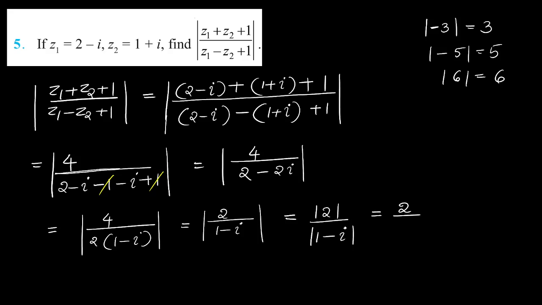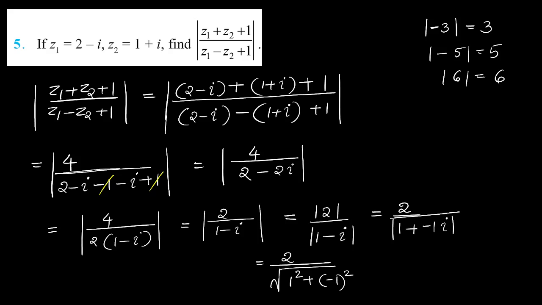And modulus of 1 minus I. Let me write it in the form of a complex number. 1 minus I is 1 plus minus 1i. So 2 divided by root of 1 square plus minus 1 square. You can ask me doubts after finding the solution.